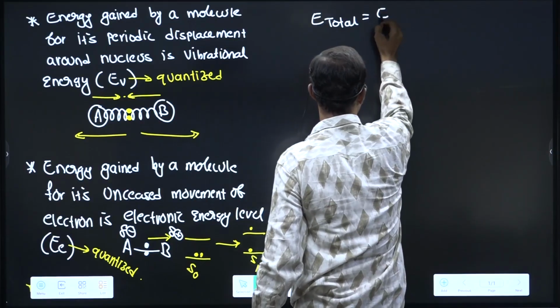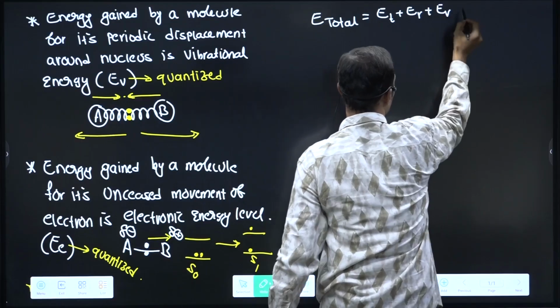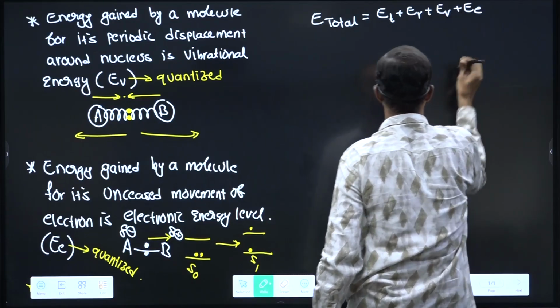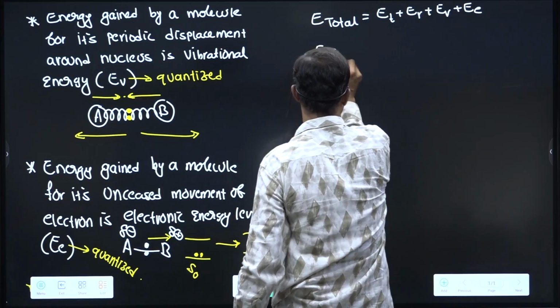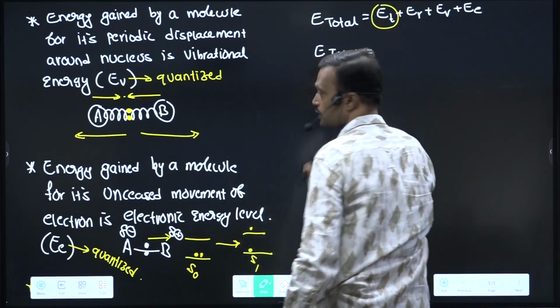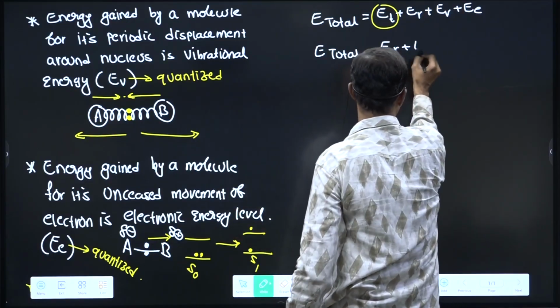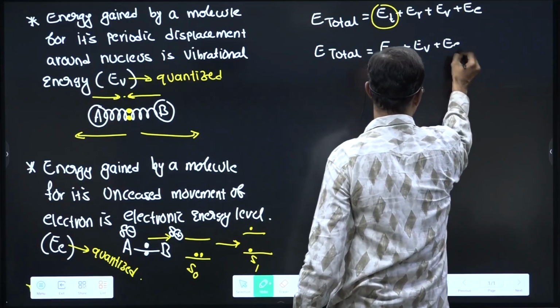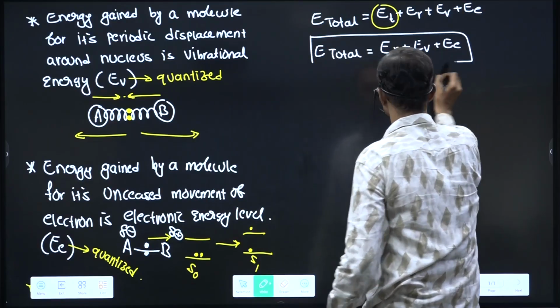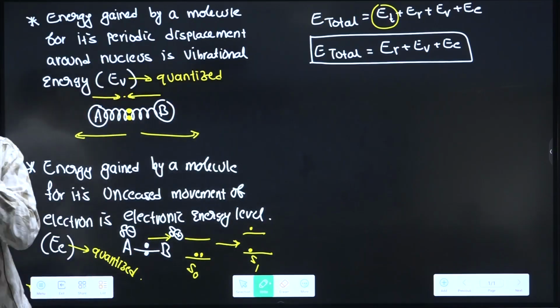Generally E total depends on translational, rotational, vibrational, and what is one more? Electronic. But actually, of total energy only three are quantized. We can ignore E translational because it is non-quantized. Total energy always depends on rotational, vibrational, electronic. Only these three. Total energy of any molecule depends on rotation, vibration, and electronic energy level.